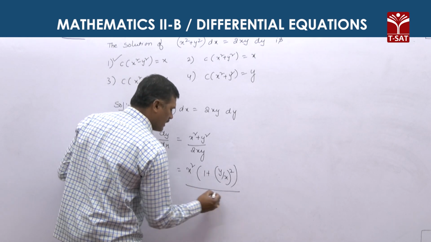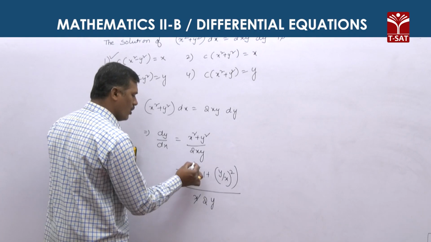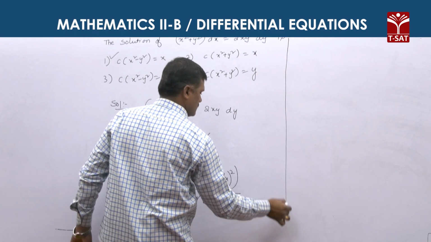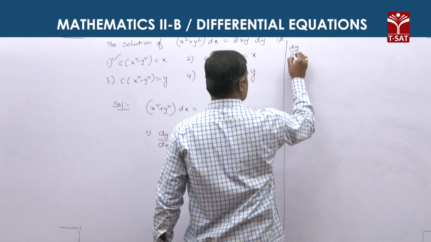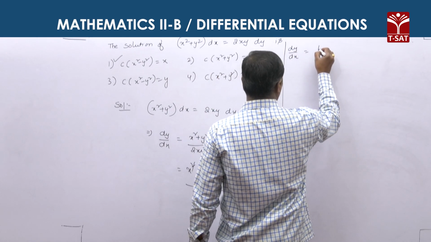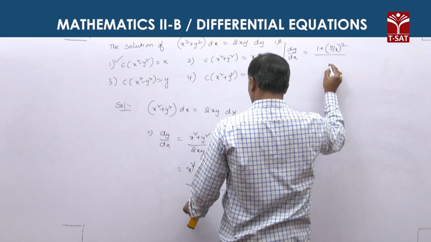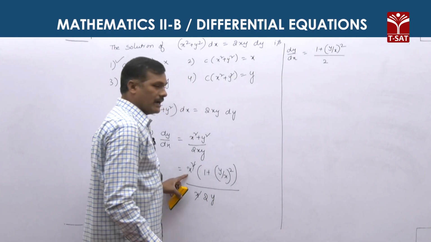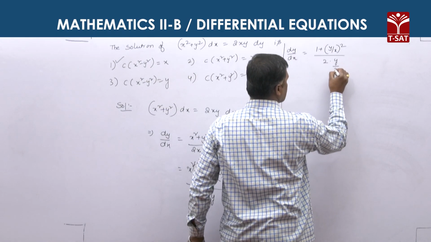In the denominator you can take x common into 2y, and x will go. Therefore dy by dx is equal to 1 plus y by x whole square, divided by 2 into y by x.